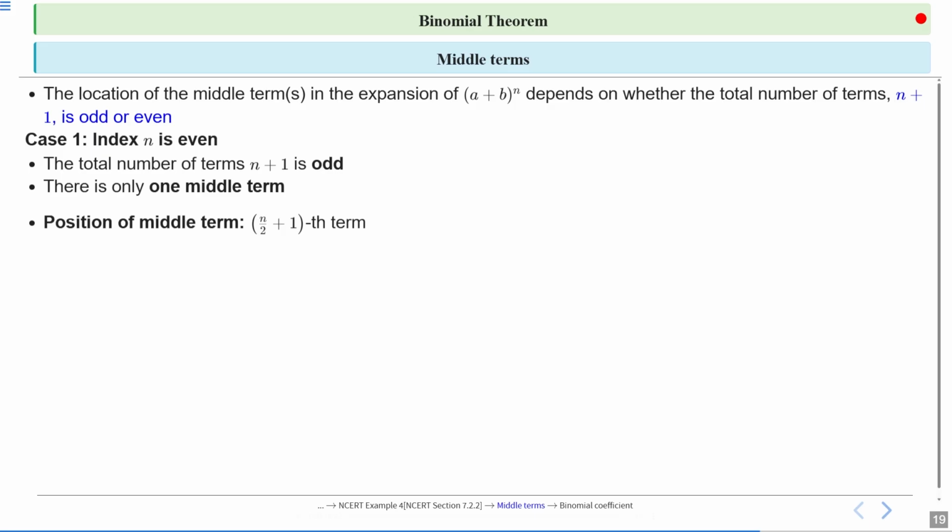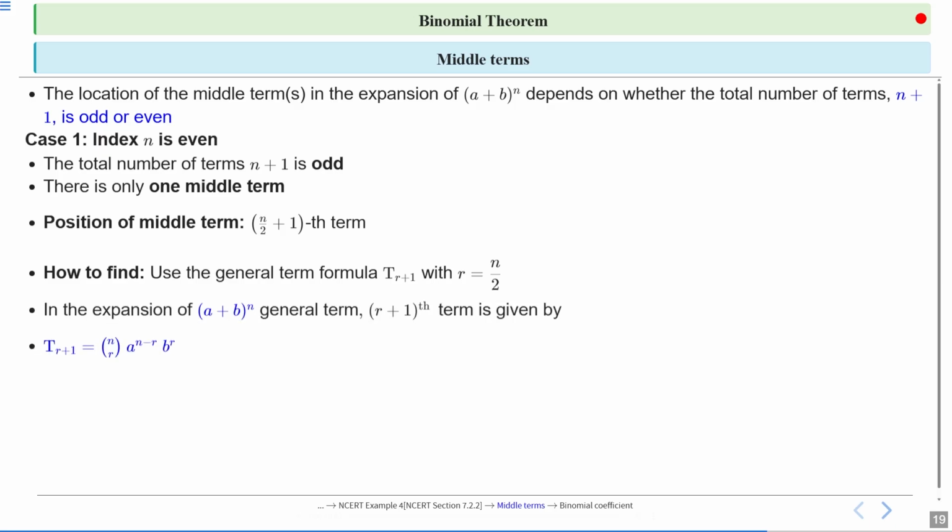Okay, and how to find it? Use the general term formula, that is T(r plus 1) with r equal to n by 2. In the expansion of (a plus b) to the power n, the general term, the (r plus 1)th term, is given by T(r plus 1) equal to nCr a to the power n minus r times b to the power r.